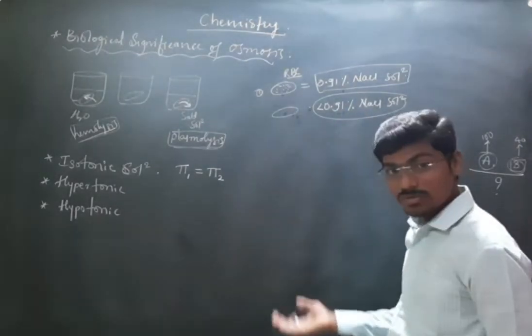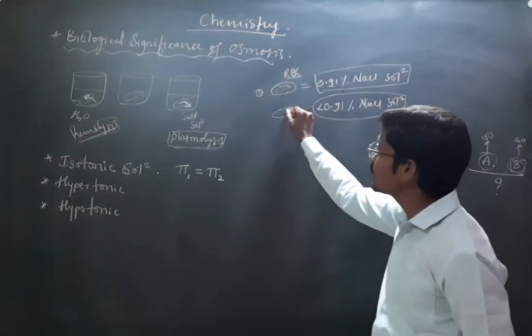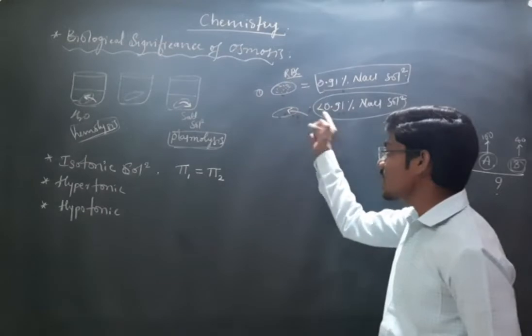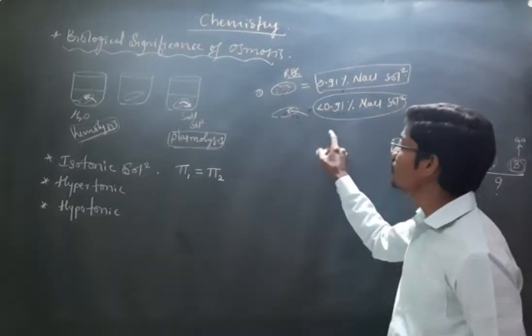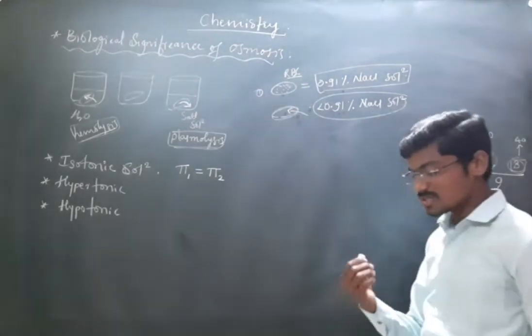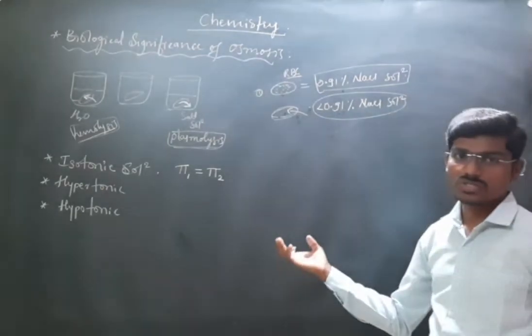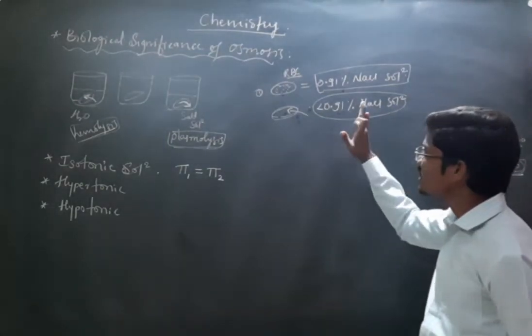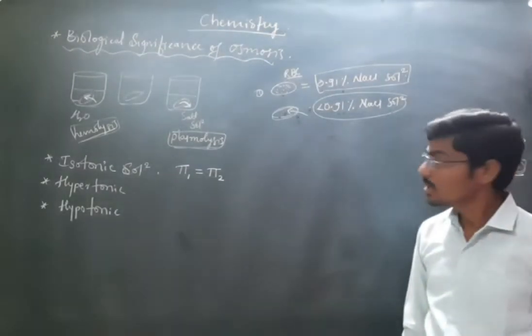When water molecules are more outside the cell, definitely the water molecules enter into the cell. Therefore the RBC swells, ruptures, and may burst when the concentration is less than 0.91% of NaCl.